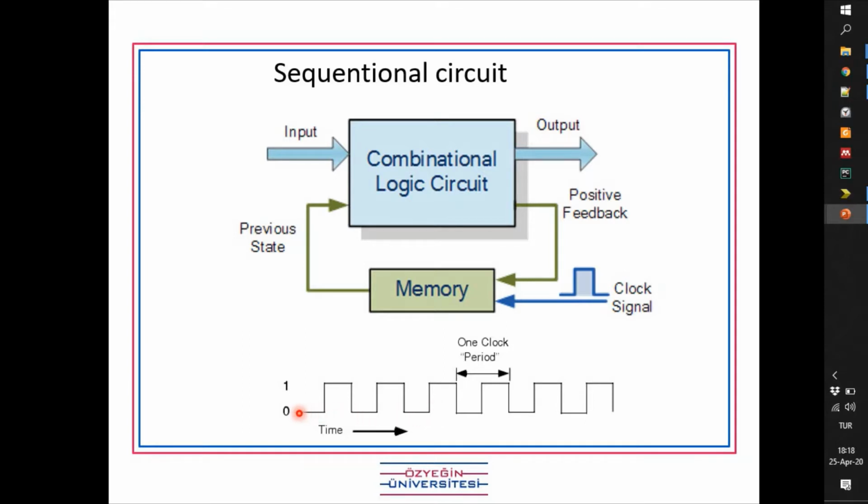So they say when the clock is rising from 0 to 1, do something. Or when it's falling from 1 to 0, do something. Or when it is 0, do something. When it is 1, do something. So there are 4 types of things that the clock is used for.